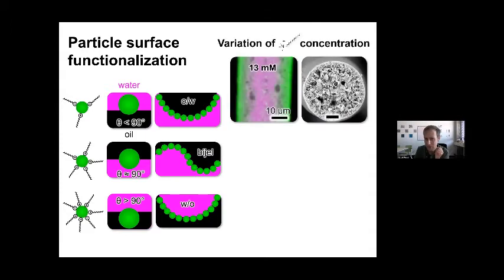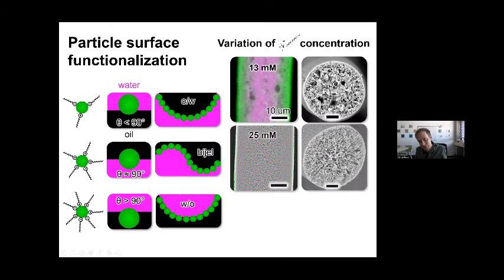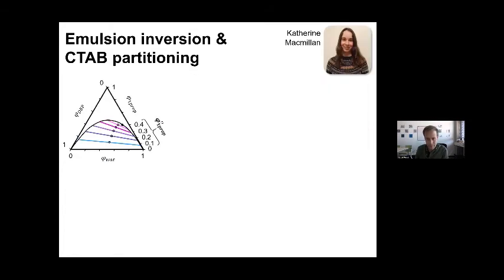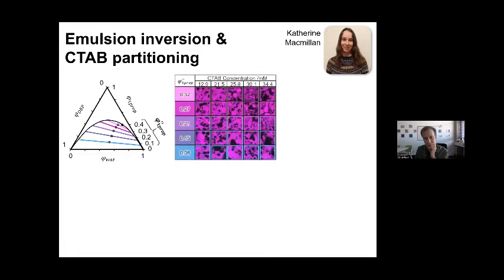So experimentally, we find that we need a specific concentration of this surfactant to get a well-defined bijel, which indicates that at that concentration, the particles are able to obtain a contact angle close to 90 degrees. So Catherine is a postdoc, and what Catherine measures is what kind of emulsion do we get for a given CTAB concentration.